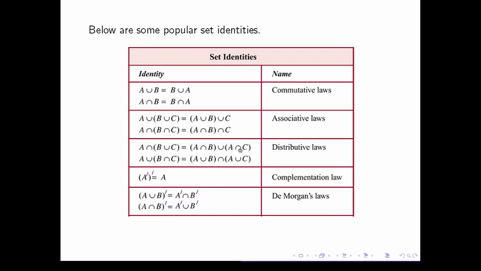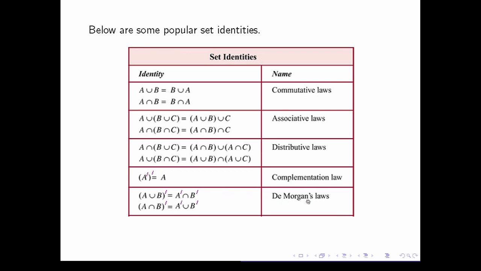The distributive laws require a little bit more work to see why they are true, but it is still not too difficult if you draw a Venn diagram. The complementation law is also easy to see. When you take the complement of the complement, you get back the original set A, because the complement of A prime is by definition the set of all elements which are not in A prime. If they are not in A prime, they have to be in A.